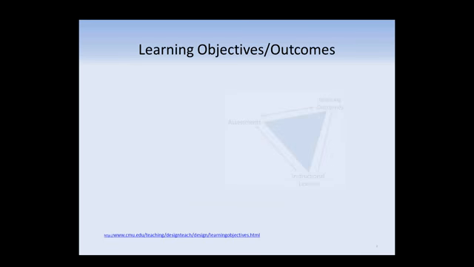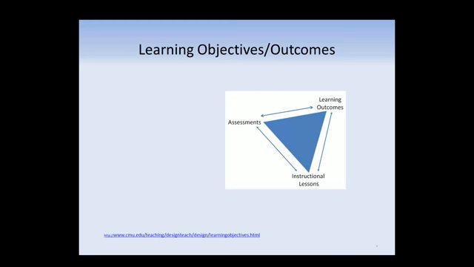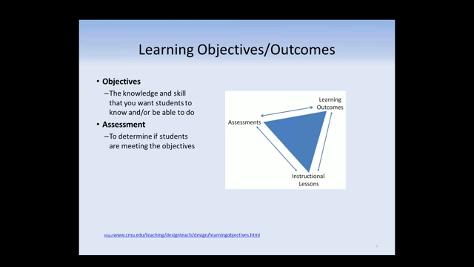Okay, let's talk a tiny bit about learning objectives. When I think of objectives, I look at this triangle, and there are three components built into a lesson. One, your objectives are what you want your students to be able to do at the end of this lesson or the end of this course. So, what students will be able to do. Then, as you design assessments, you're going to connect back to the objectives.